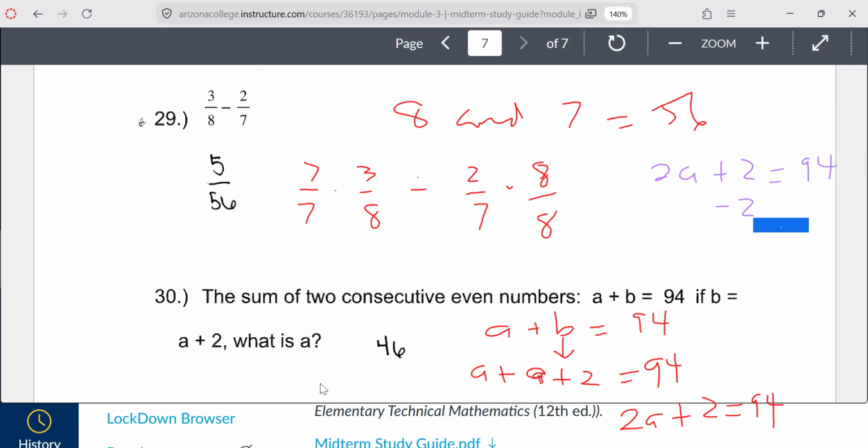I subtract 2, I subtract 2. So I've got 2a equals 92. I divide by 2, I divide by 2. So a equals 92 divided by 2, which is 46. The clue here was given to you that b is a plus 2. So wherever you see b, you put in a plus 2, and then you solve it.